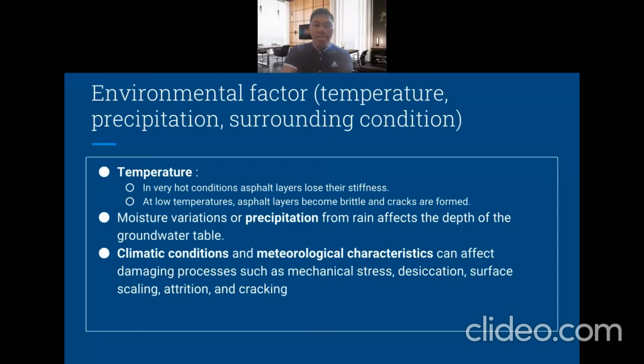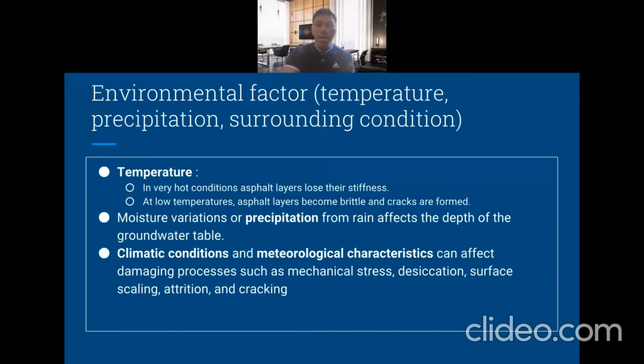Other than that, moisture variation, or precipitation from rain, also affects the depth of the groundwater table, because in most rainy weather, water can slip easily between the gaps of aggregates and asphalt and act under the tire pressure. As a result, the bitumen becomes more brittle and cracks appear, and it will consequently lead to a shorter pavement life.